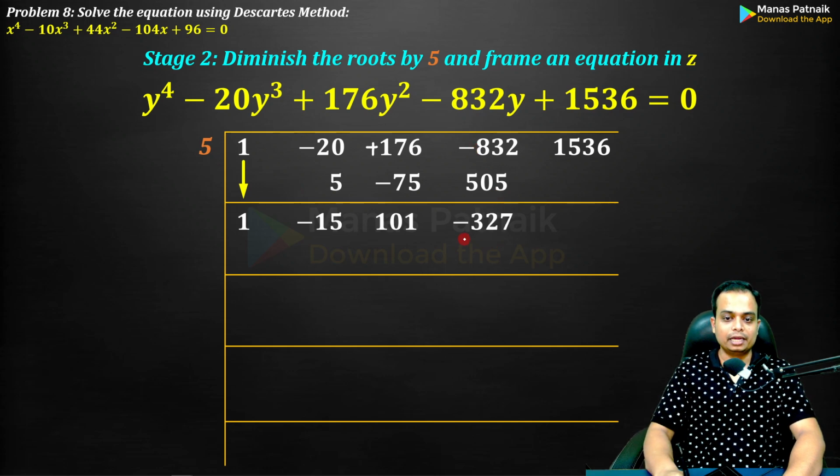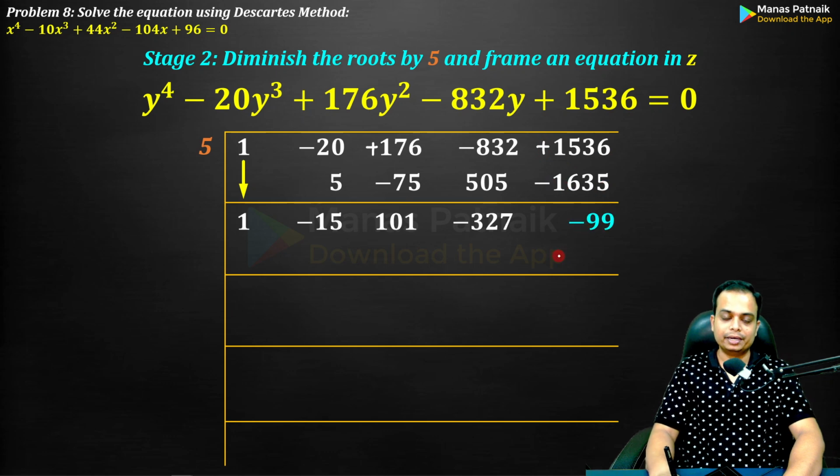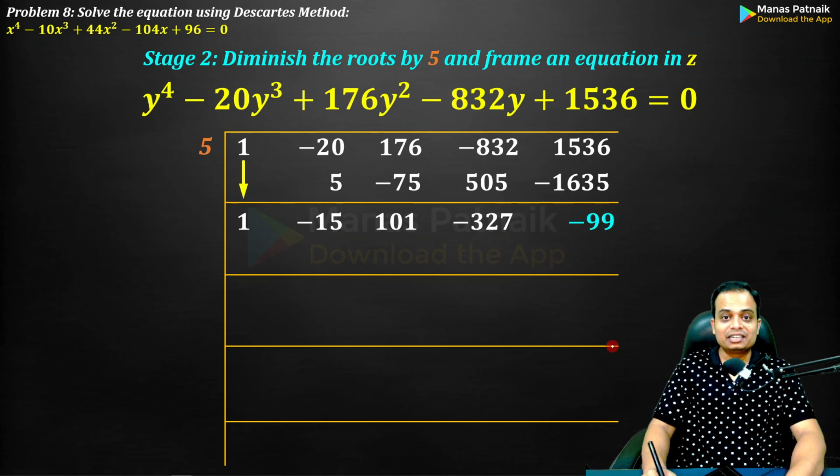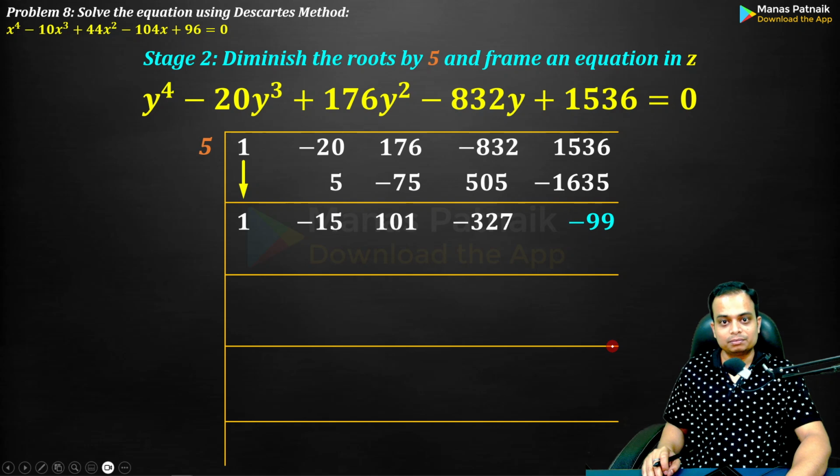This is what you get. And finally 5 into 327. Do the math. Plus 1536 minus 1635. That's what you get. A special aqua color has been assigned because these remainders at every juncture are going to be very important for us. Please note it down.